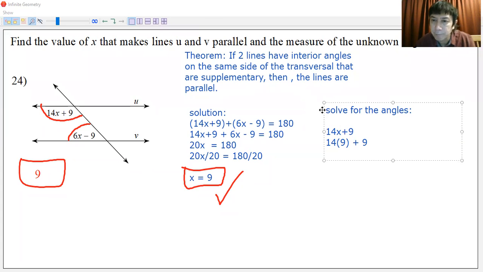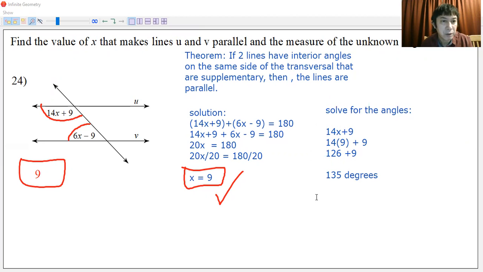That's 36, carry 3. That's 126. Plus 9 makes 135. 135 degrees.